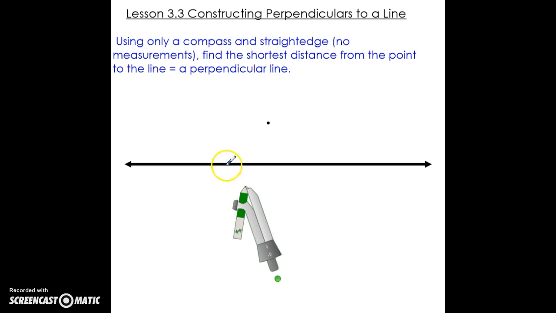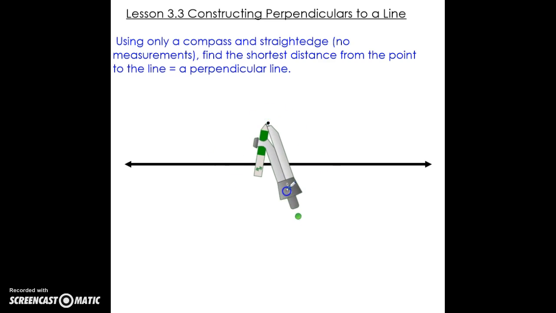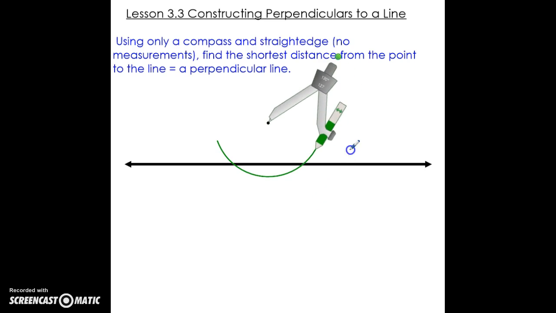And in order to do that, I need some reference points that are equidistant from that given point. So I'm going to place my compass point on the given point, and I'm going to make an arc that hits that line twice. It really does not matter how big it is as long as it hits it twice. And both of these locations where it hits, I'm going to use to create my perpendicular line.